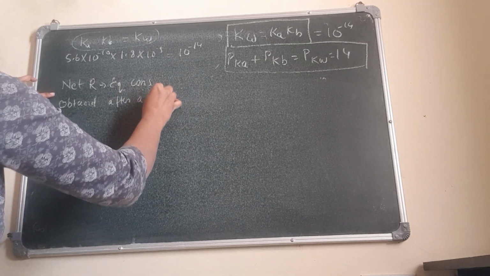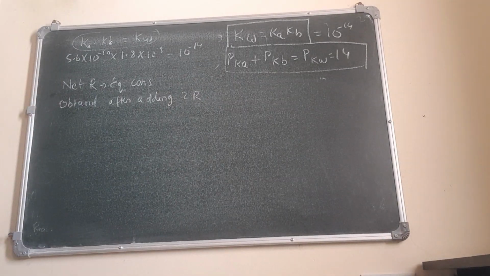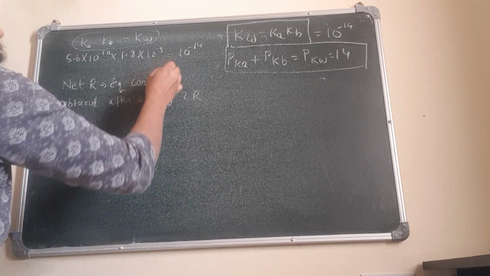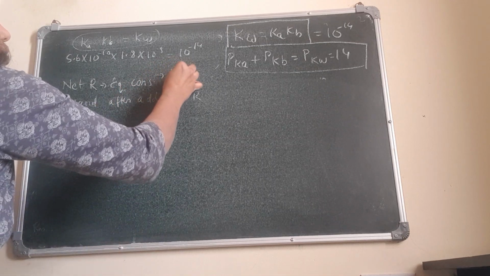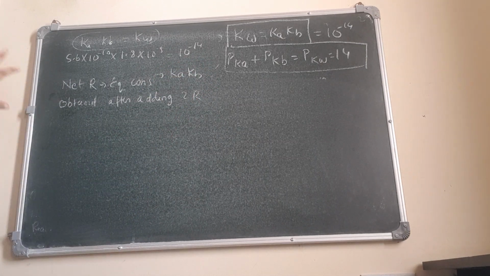Net reaction is like adding two reactions. You add two reactions and you're getting a net reaction, and for that net reaction the equilibrium constant will be the product of the equilibrium constants of the individual reactions. I have written this statement.